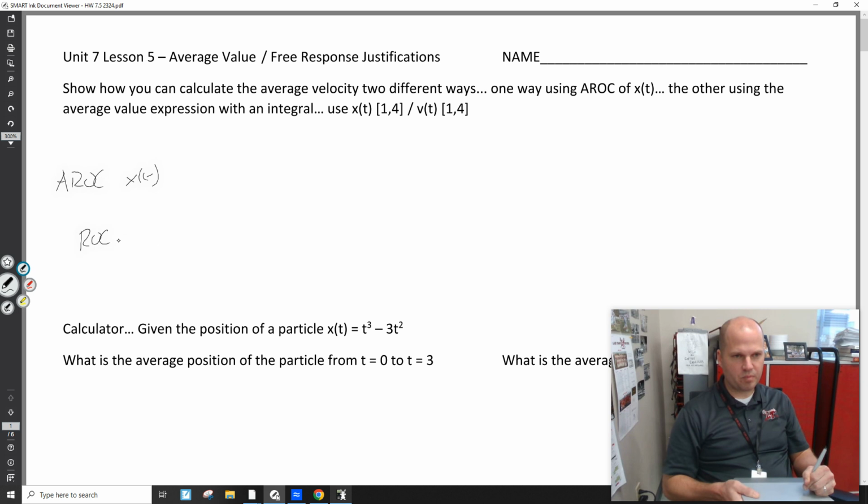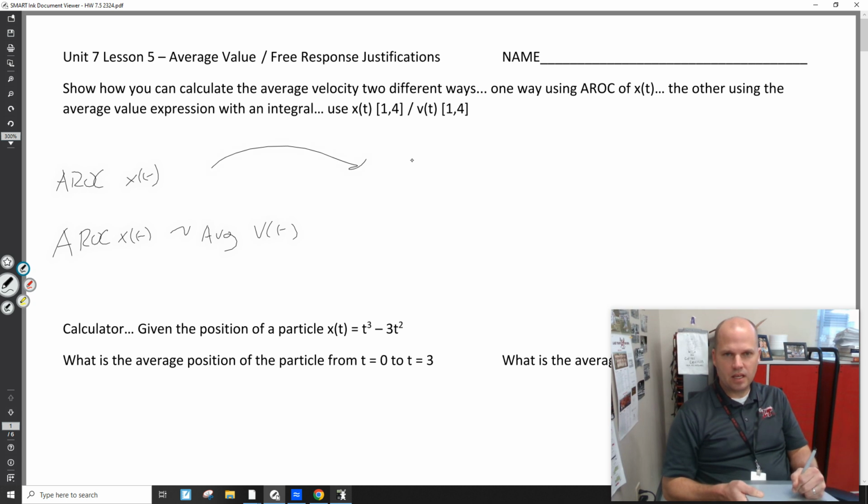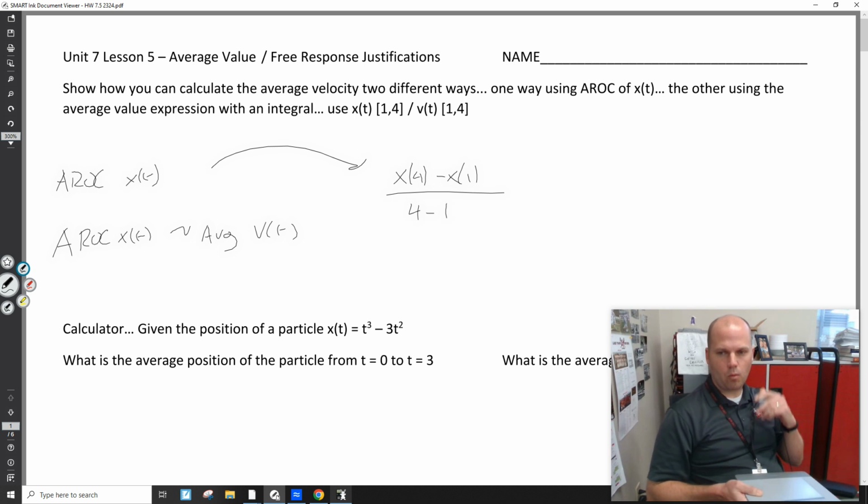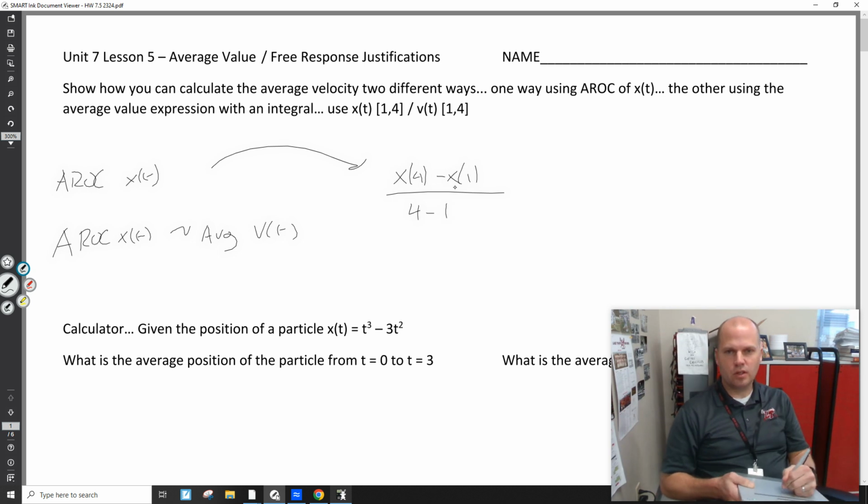So if I calculate the average rate of change of position from 1 to 4, I use the slope formula: y2 minus y1, the slope of a secant, in feet per second.